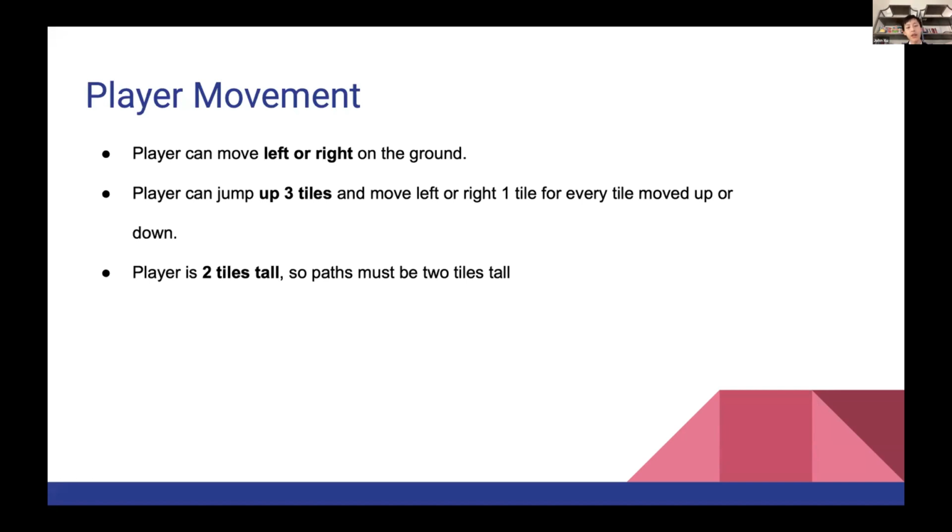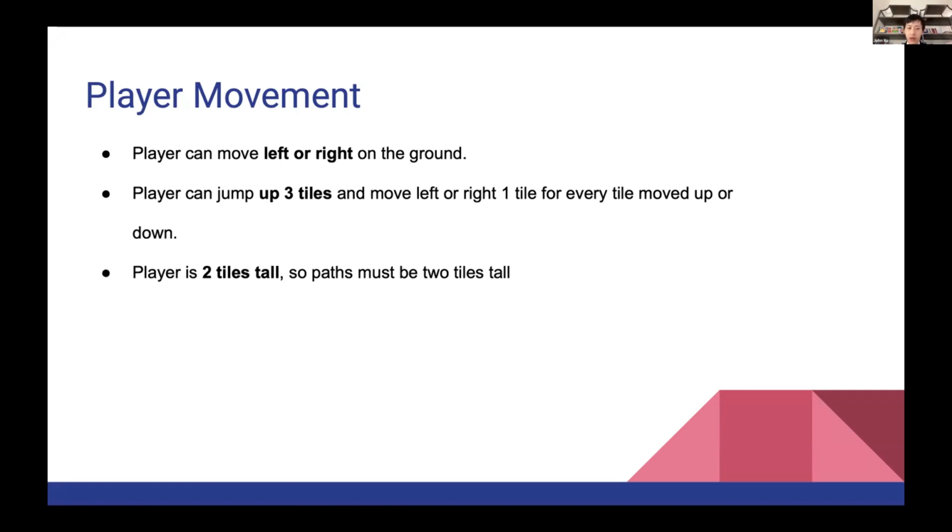So the idea is that you are mimicking the movements of the player and where the player can go. And the player is 2 tiles tall, right? We talked about tiles a little before. So if you want a path for the player to pass through, you must make that path at least 2 tiles tall for the player to actually fit through.